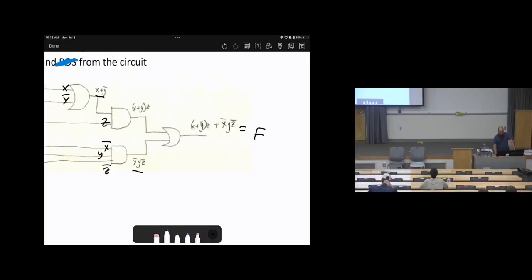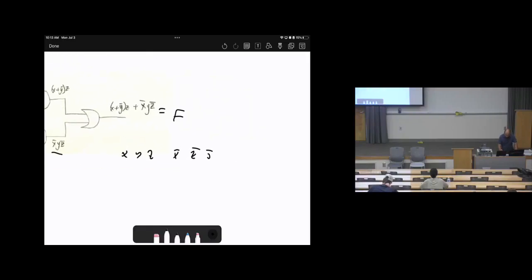Now, we need to do the truth table. How can we achieve the truth table? If we need to build the truth table based on, let's do X, Y, Z, then, for example, X bar, then Z bar, Y bar, and you can do it like this and say like X plus Y bar.